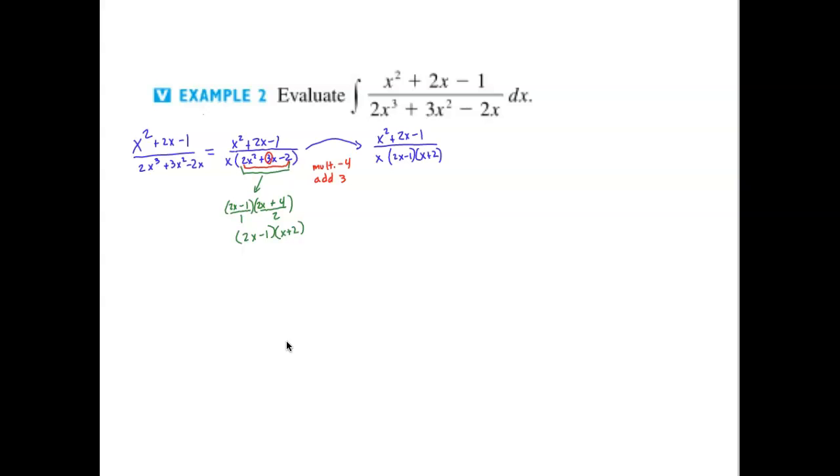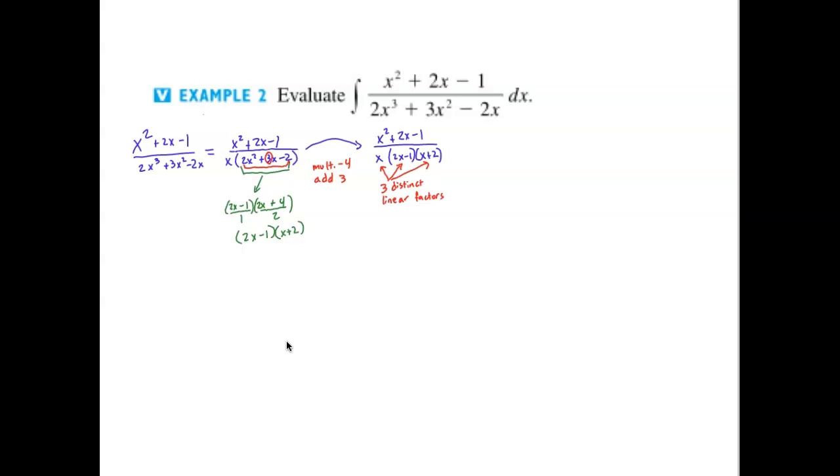Now we're ready to decompose. Note what we have here. 1, 2, 3 unique, or distinct is the word that they use, linear factors.